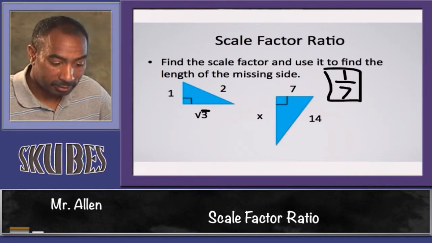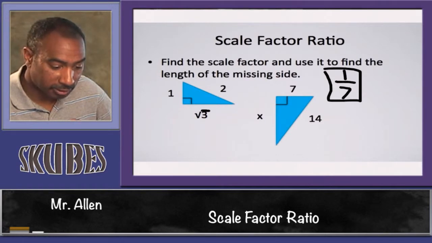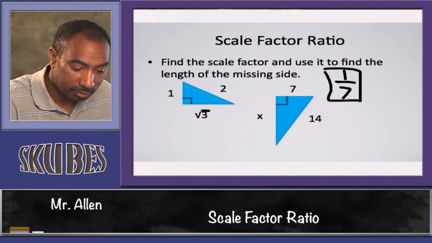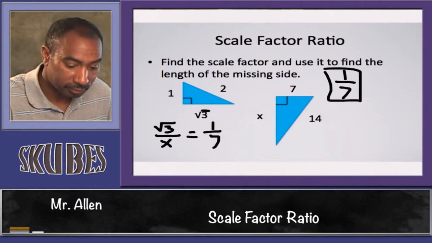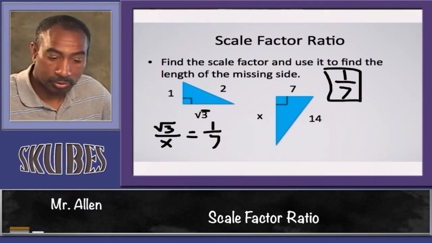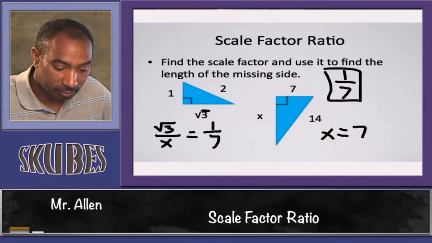And if I want to find what x is, my long leg, so I'm going to say radical 3 is to x, and set that equal to 1 to 7. And you just cross multiply. So x has to equal 7 radical 3.